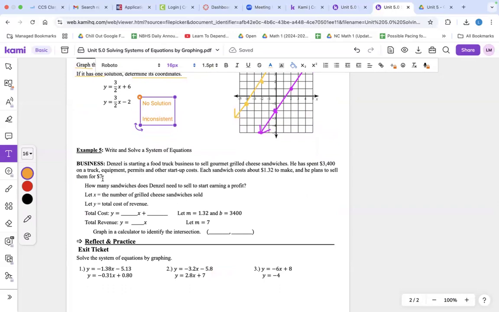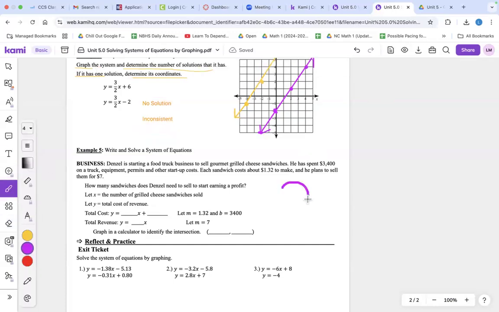All right, now here we are making two equations. It tells us to write and solve a system of equations. We're making two of those. All right, so here, how many sandwiches, write and solve? How many sandwiches does Denzel need to sell to start earning a profit?